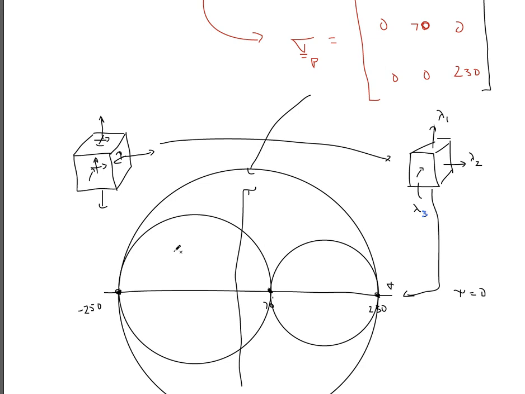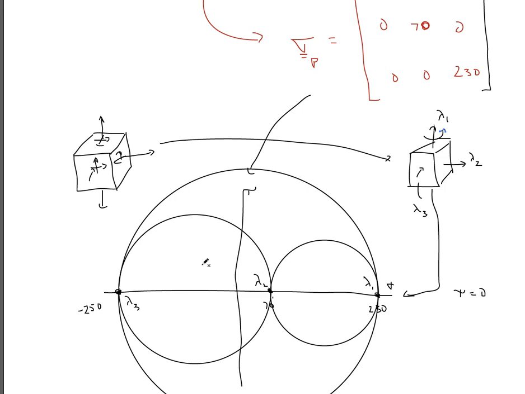Right. Those plot on here, lambda 3, lambda 2, lambda 1, and I can draw circles through them, which basically means if I rotate about one of these axes, so let me just say this is lambda 1, as I rotate about lambda 1, lambda 1 ends up staying exactly the same, right?